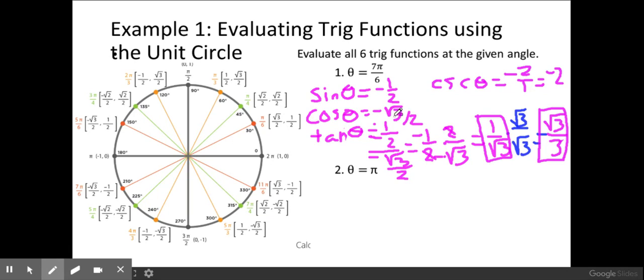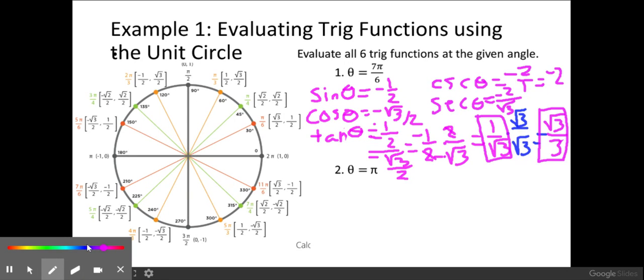Cosine theta equals negative square root 3 over 2. So secant theta equals negative 2 over the square root of 3. So once again, just like we had here, we have to multiply the top and bottom by square root of 3 over square root of 3.